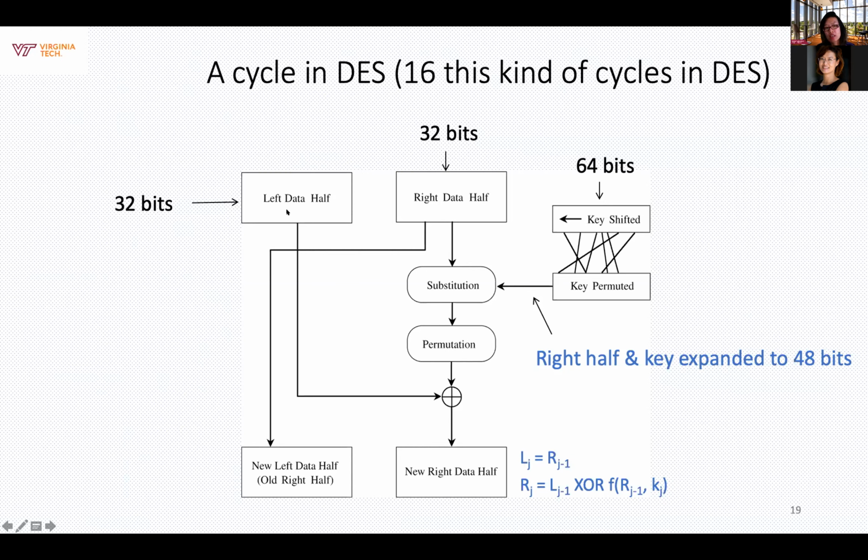And then for the left half, there is an XOR operation here, okay, with a whole bunch of things happening here. We'll explain the substitution and permutation boxes, how it's done. And in the meantime, where is the key? The key is going into the substitution box.